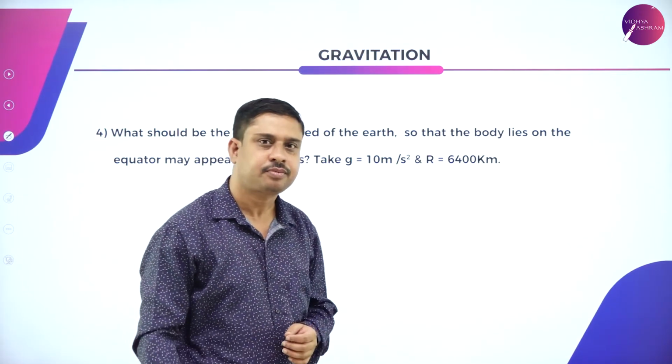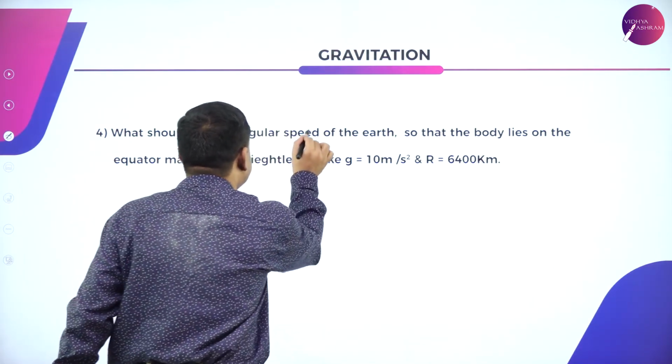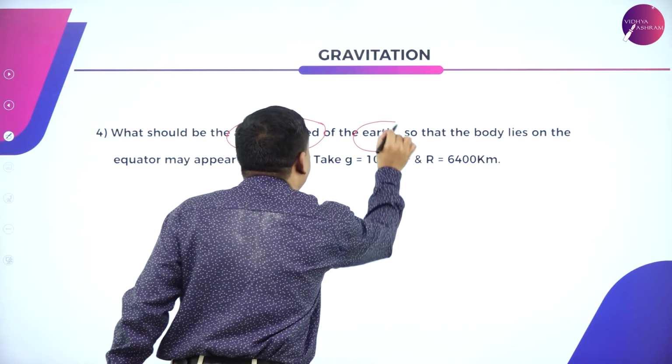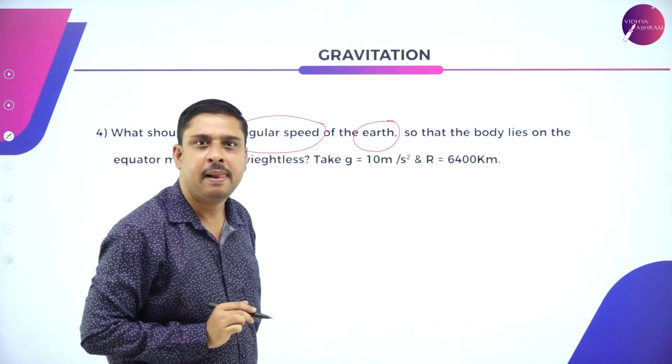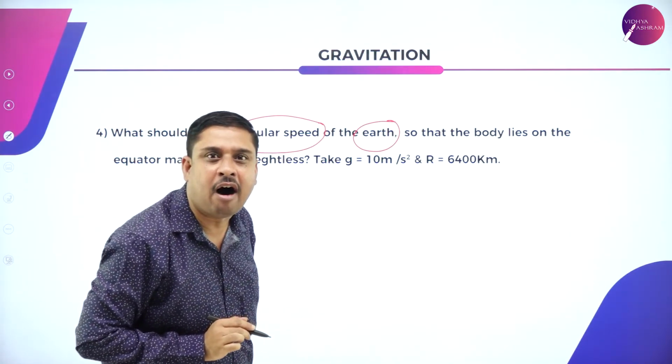Next, what should be the angular speed of the earth? Angular speed is omega.